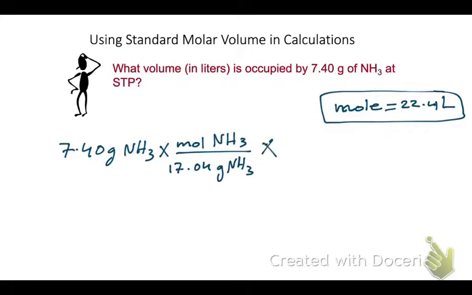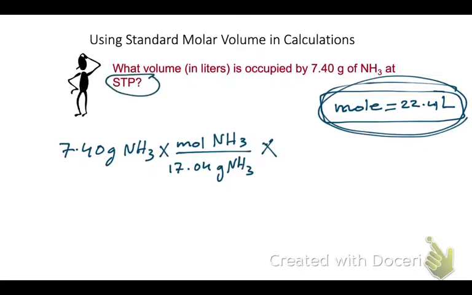Times, now I will use this as a conversion factor, right? For any gas at STP, which is what the situation is, I can say there are 22.4 liters for every 1 mole of ammonia, as long as I am at STP.